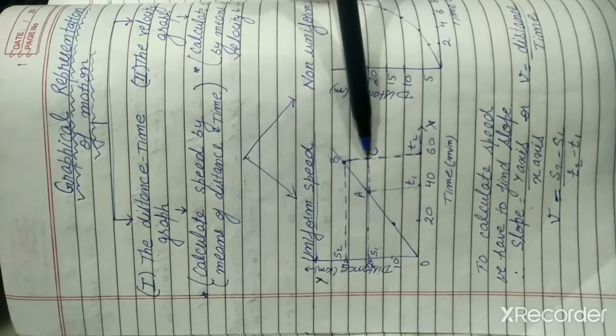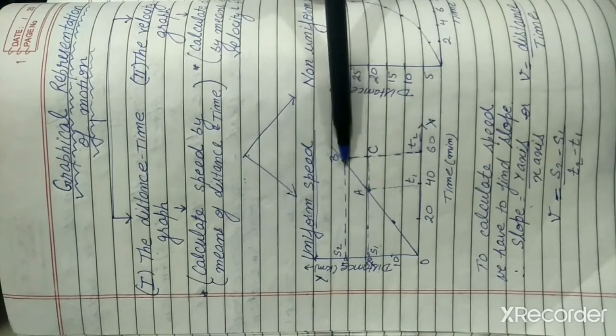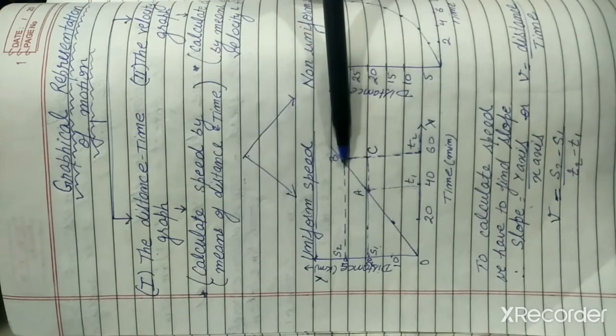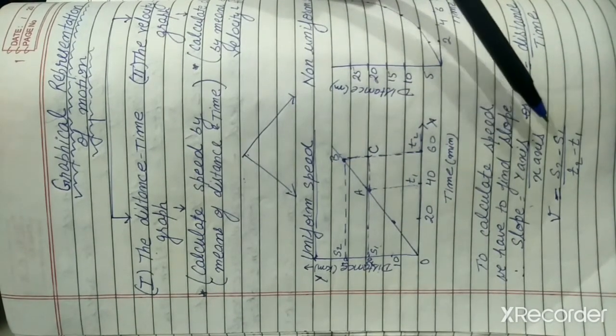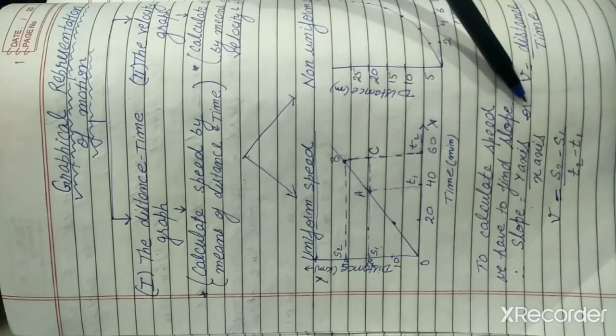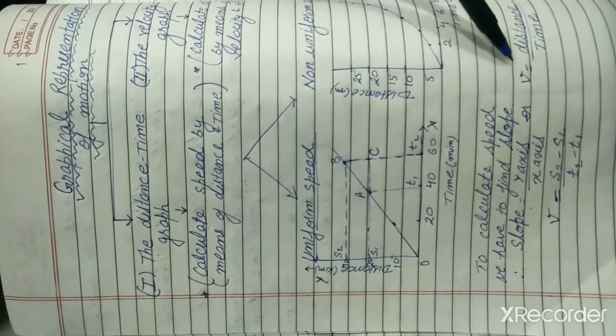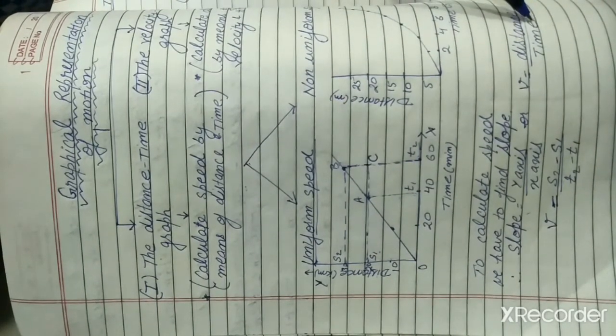And we know that to find the slope we have a formula, that is y-axis upon x-axis, or we can calculate the formula speed equals distance upon time, right?